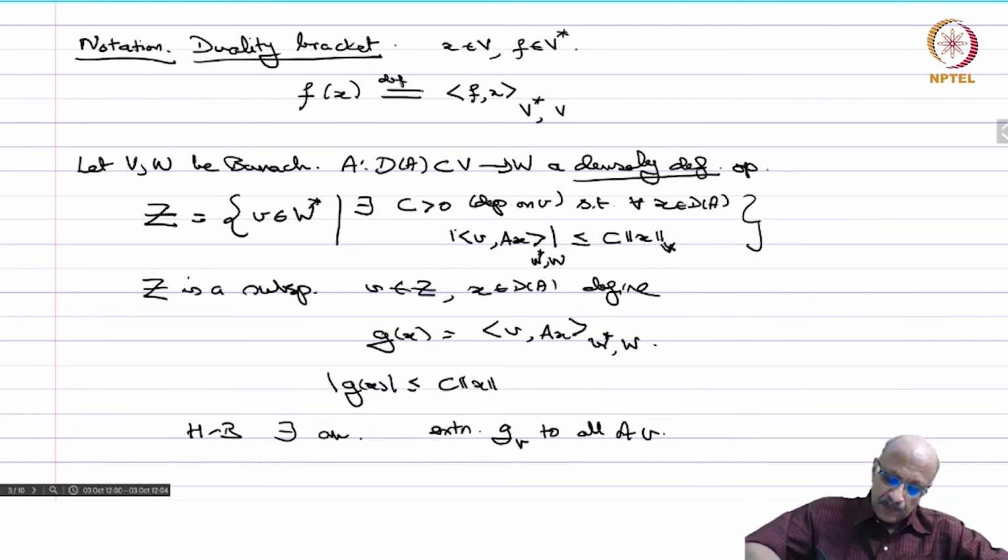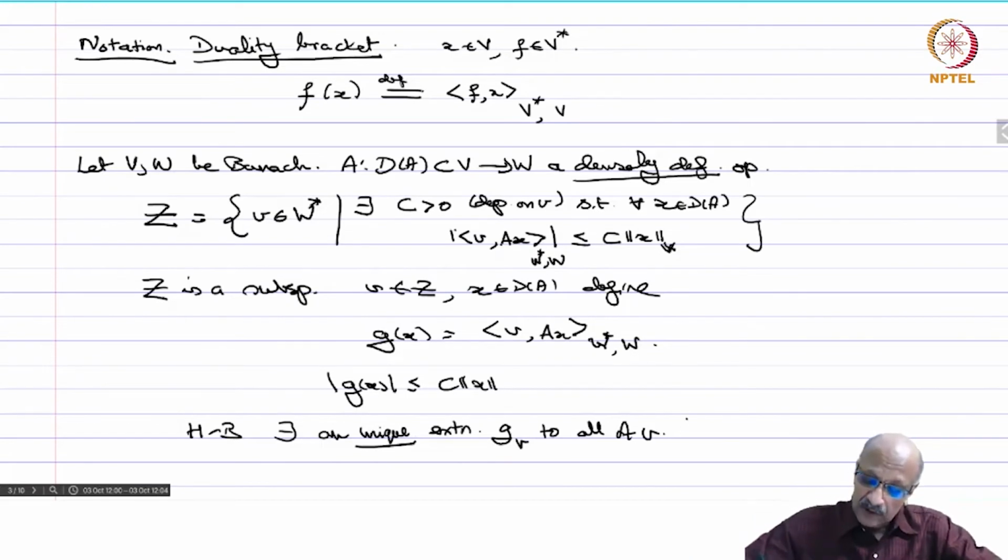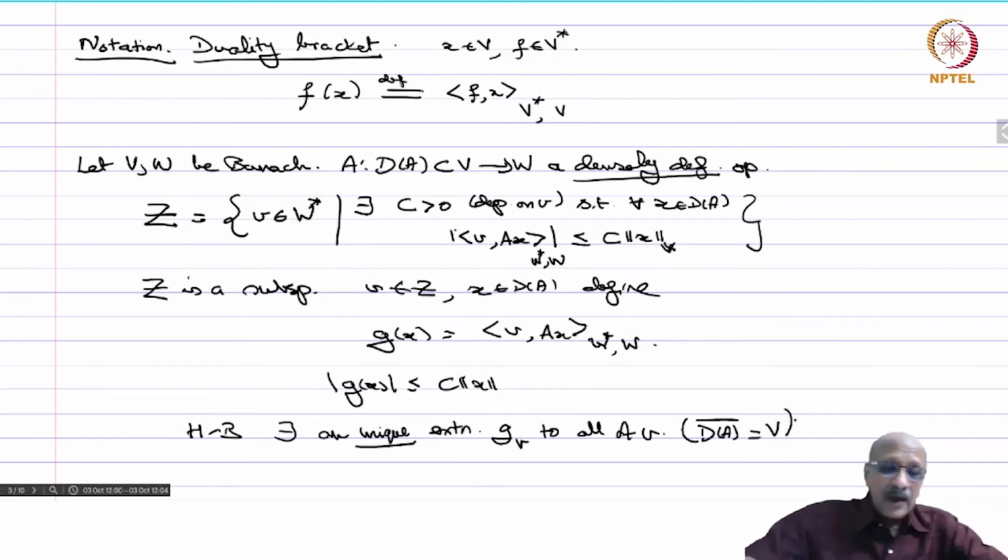Why did I leave some space here? I want to write unique extension. Hahn-Banach extensions are not unique, but now it will be unique because the closure of D(A) is the whole of V. Even in the Hahn-Banach theorem we have seen, what is the test of density? If a linear functional vanishes on the dense space, then it vanishes everywhere.